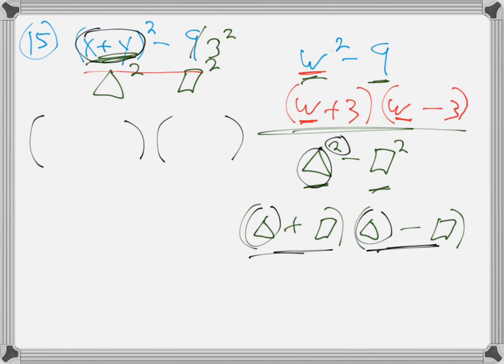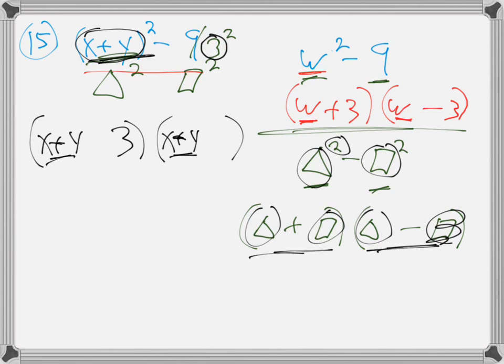The thing, x plus y, without its 2 power. Right? Because x plus y times x plus y is x plus y squared. And what do you put in the right? The box without its 2 power.